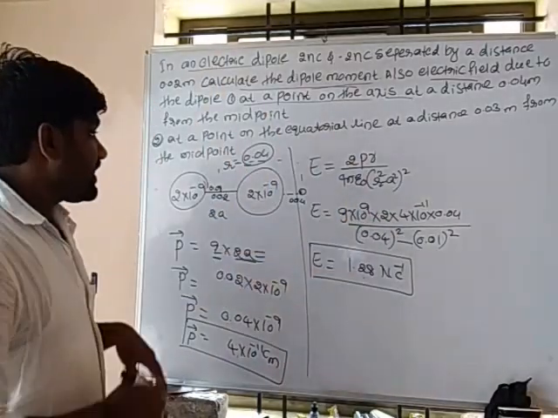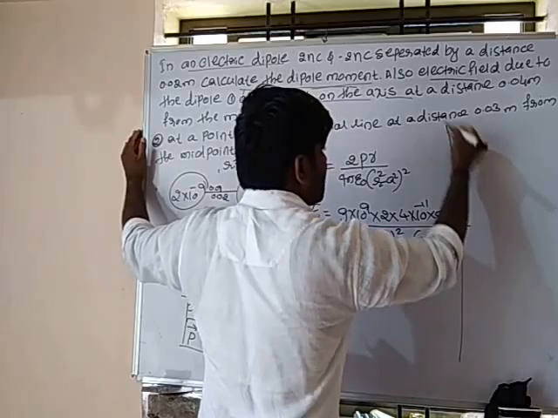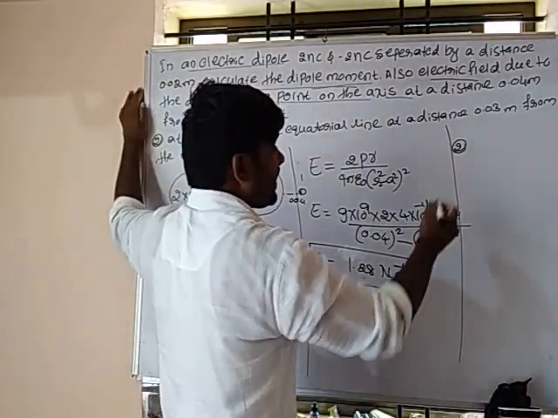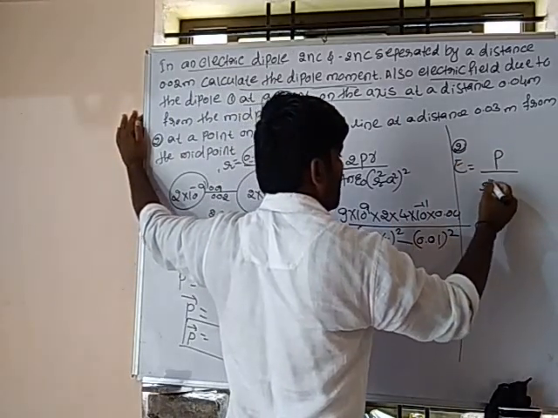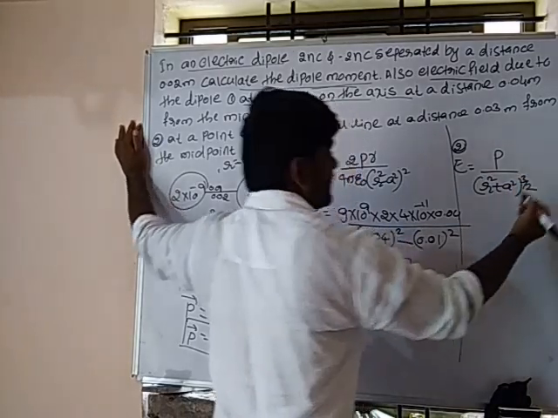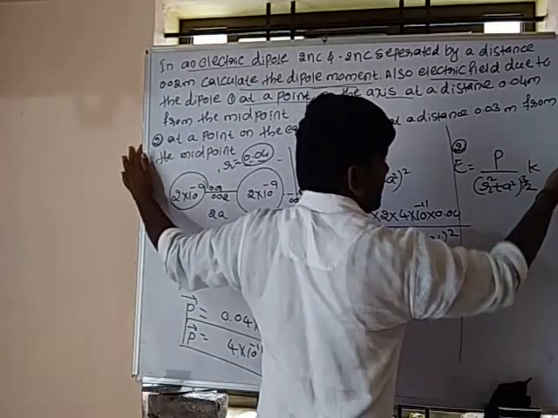Then the second one we have to calculate, on the equatorial line. This E is equal to K into P divided by (R square plus A square) to the power 3 by 2. What is the value of K?